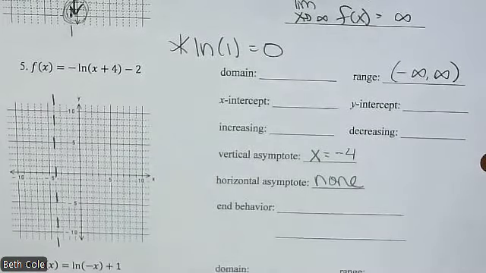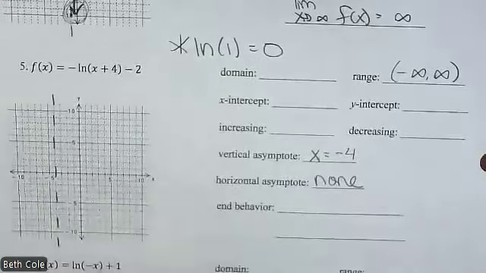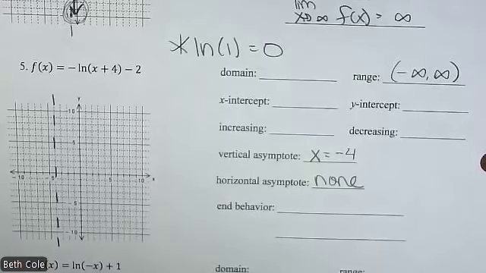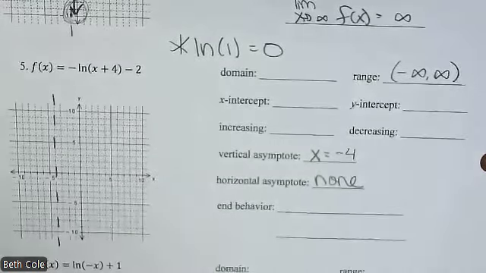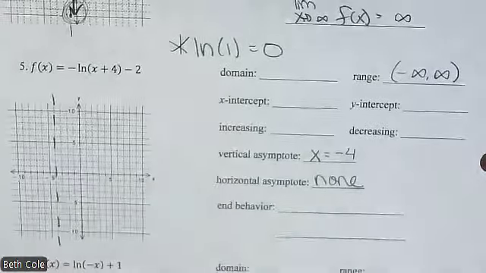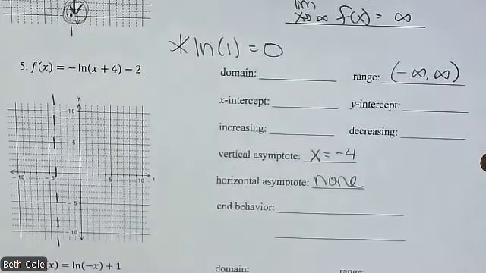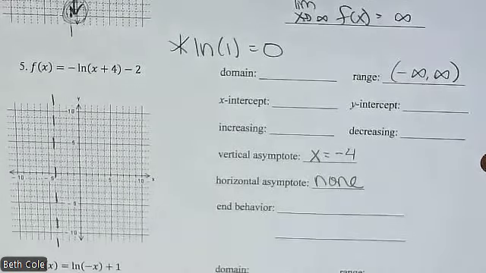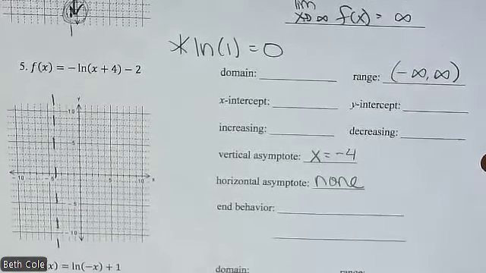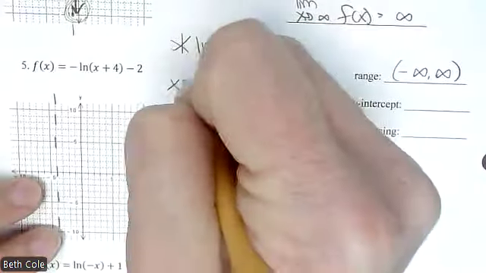Since there's no overlap between the quiz material and the test material, your test will not replace your quiz. But I do it to shorten the test, because otherwise the test would be like a million questions long. Do you get what I'm saying? So it always helps everybody. Just as a heads up, that's how I run this unit because it's really, really long. All right, let's go ahead and make our table.